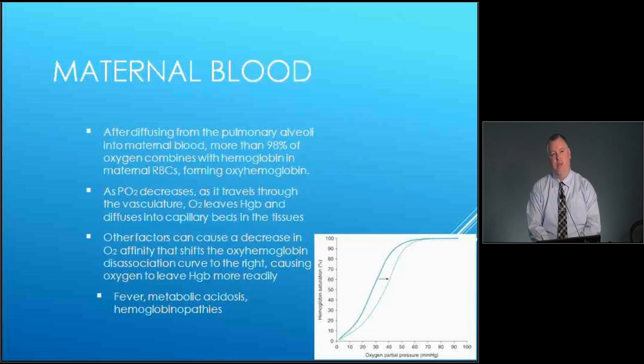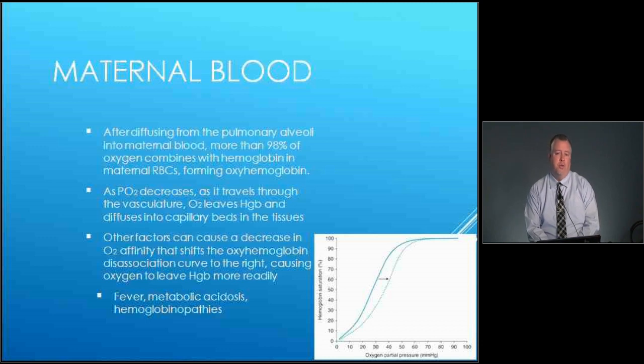Maternal blood. So after oxygen diffuses across the alveoli into the maternal blood, more than 98% of that oxygen will combine with hemoglobin in the maternal red blood cells. And when this happens, that combination of oxygen and hemoglobin is called oxyhemoglobin.